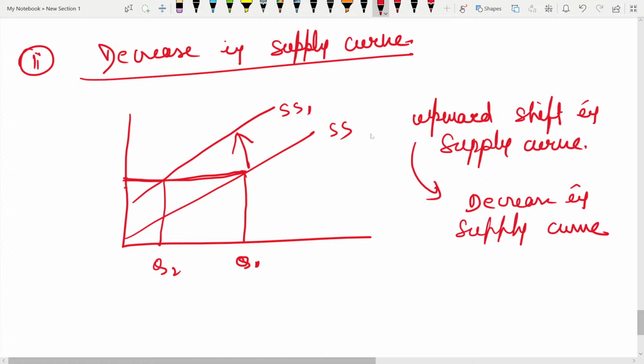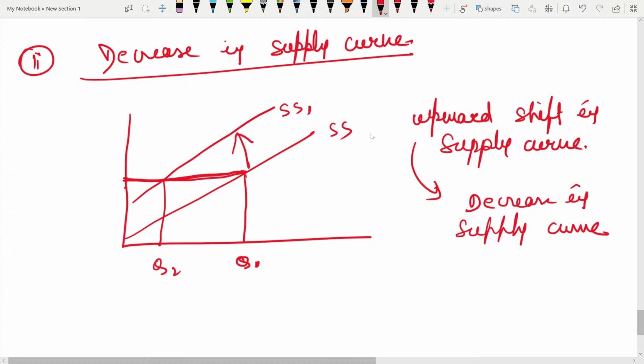You can see at the existing price, due to certain reasons other than price, other factors. What other factors? Like outdated technology producers are using, the government decreases the producers' subsidy, or the government imposes a high rate of tax.